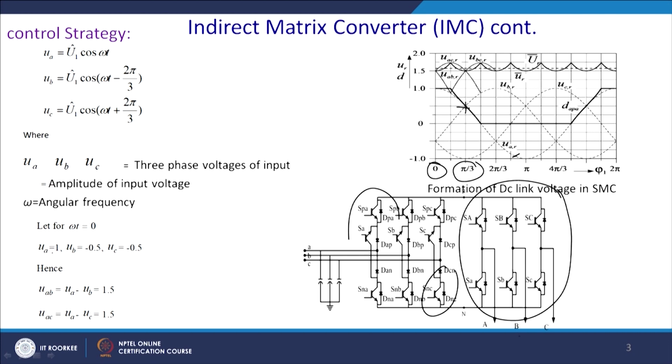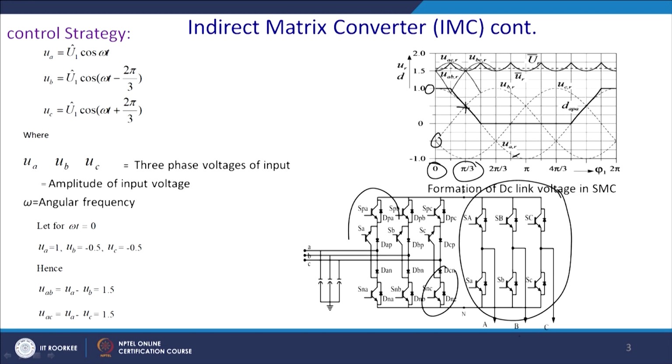Hence UA equals 1, UB equals minus 0.5 and UC equals minus 0.5. So, if you subtract minus 0.5 from 1, you get essentially the maximum voltage, 1.5 times the phase voltage.